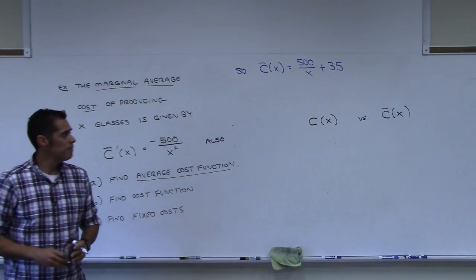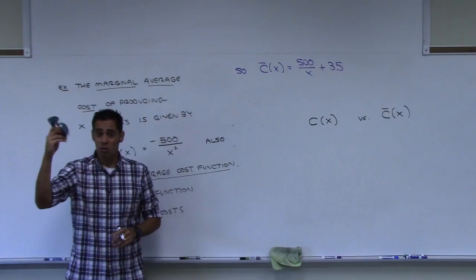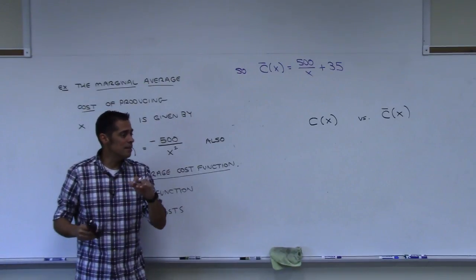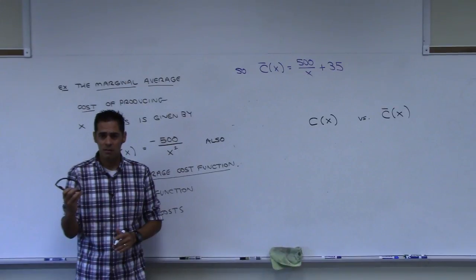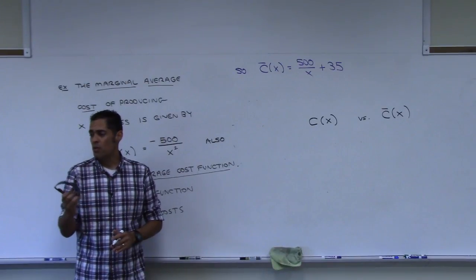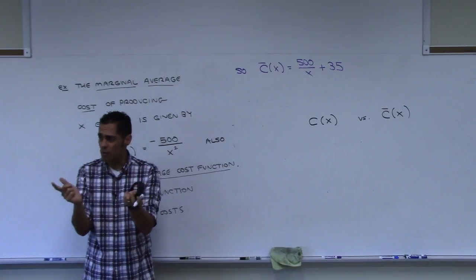That's your cost function. Your average cost function takes that total cost and divides it by the number of actual sunglasses you sell or produce, which will give you the cost per pair of sunglasses, which is your average cost.